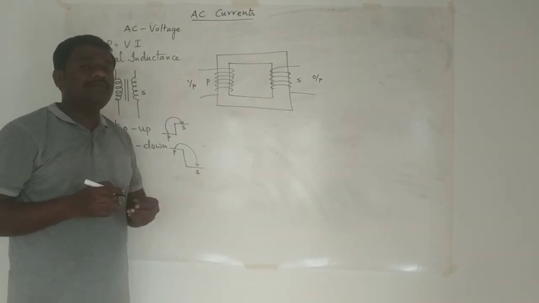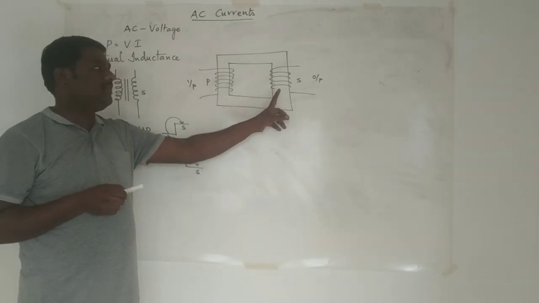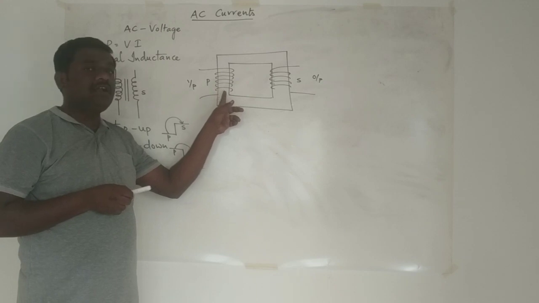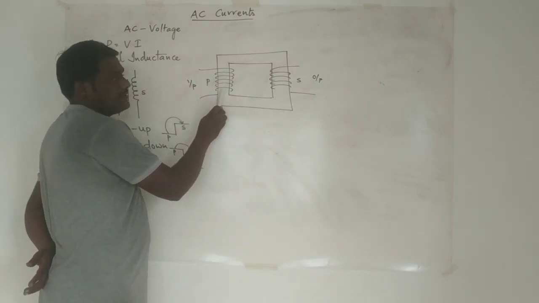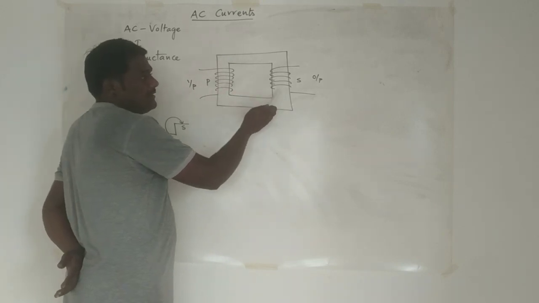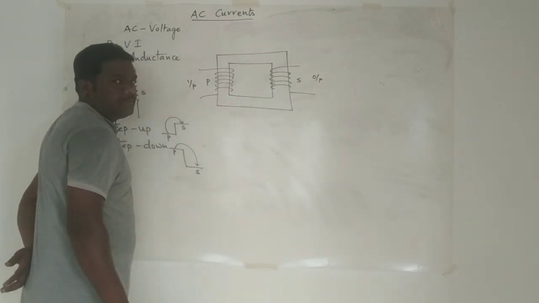So you can recall the definition of mutual inductance: the phenomenon of inducing EMF in one coil due to a change in the magnetic flux linked with the other coil. This magnetic flux, developed in the primary, will act over the secondary, and EMF will be produced. That EMF is taken as the output.